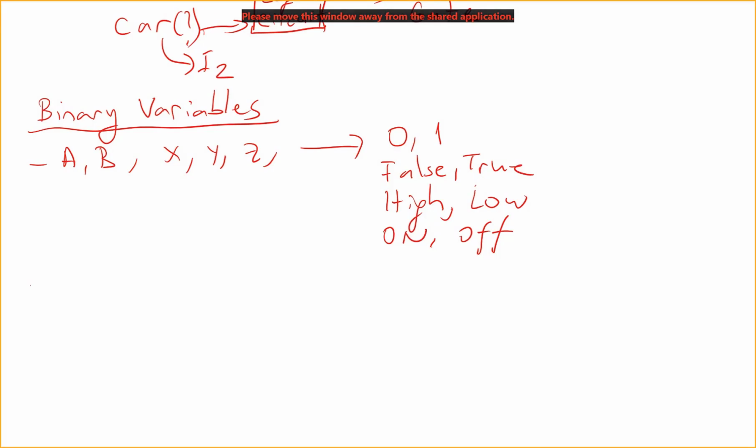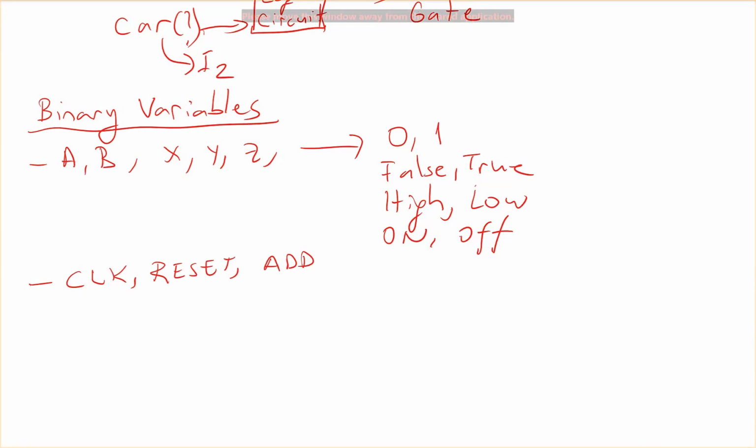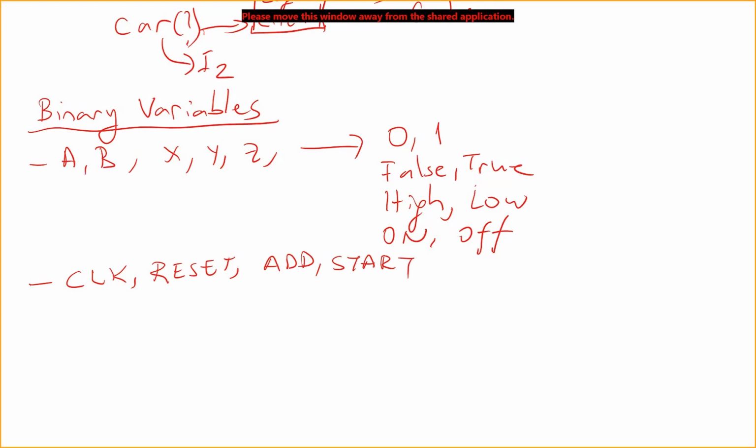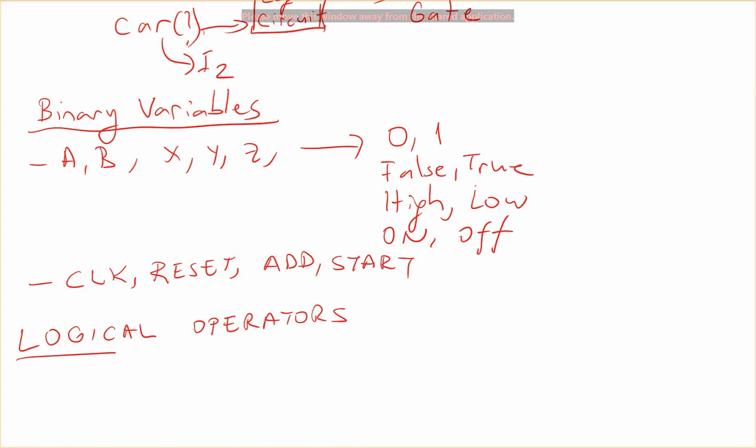Or we could have more meaningful variables such as clock, reset, add signal, or start signal. So using these binary variables, we need some logical operators, right? We will process these inputs using these logical operators. These logical operators operate on binary variables and binary values.